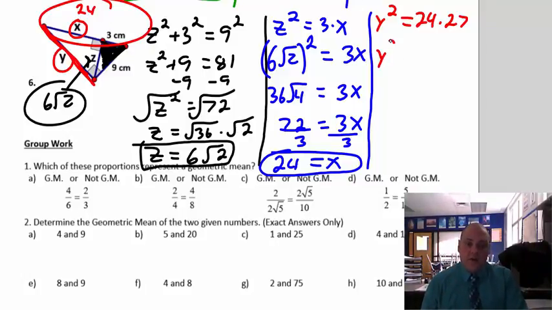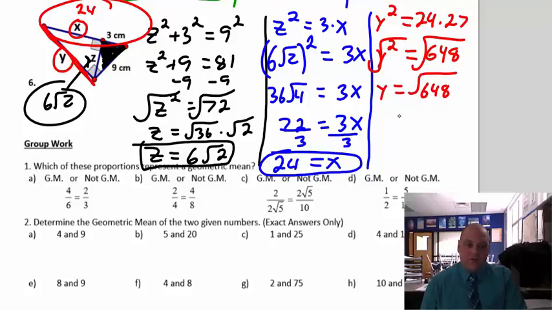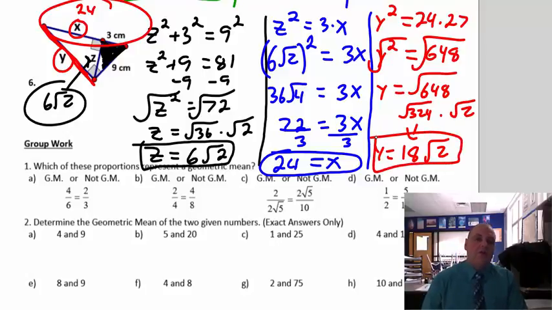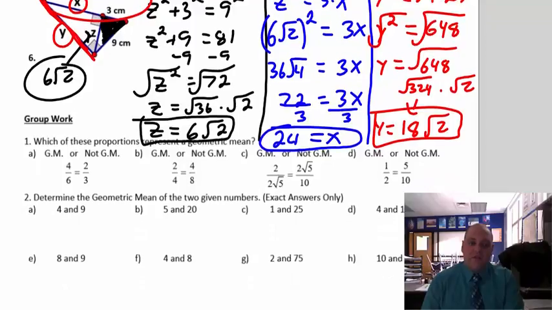So this is y squared equals 648. Take the square root, y equals square root of 648, breaks down to square root of 324 times square root of 2, and the square root of 324 is 18. So this one gives you 18 radical 2. And we are done with that one.